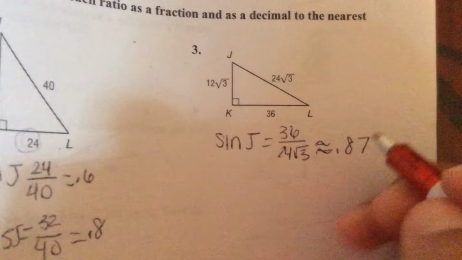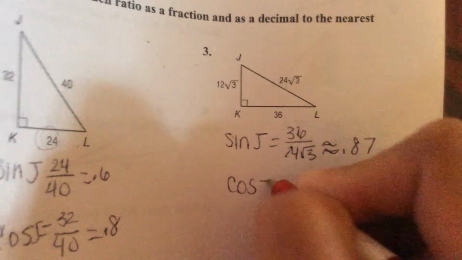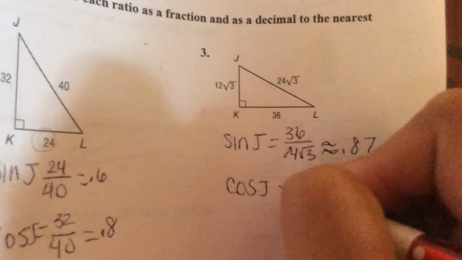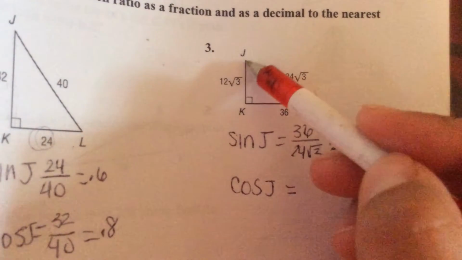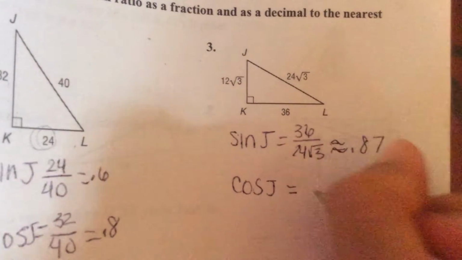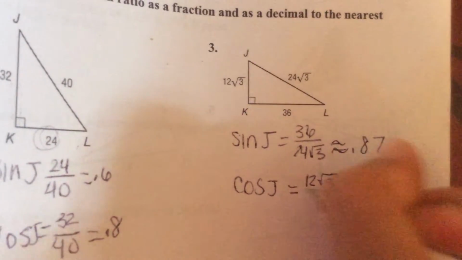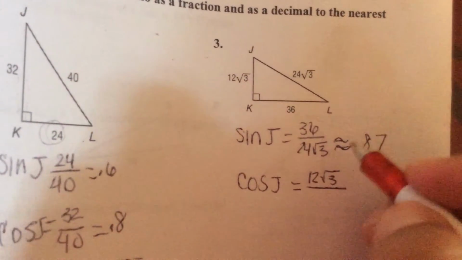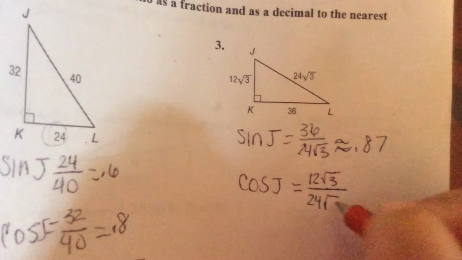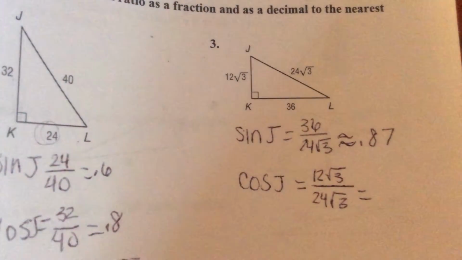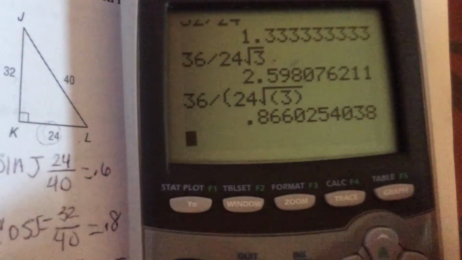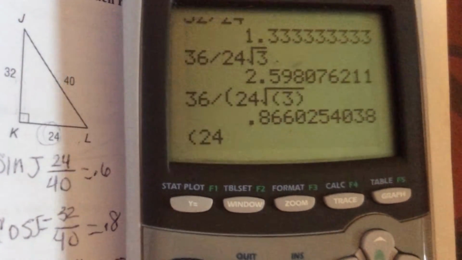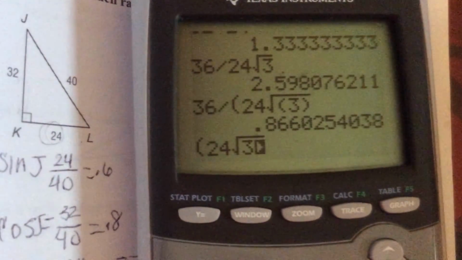Okay, the next one is the cosine of J. That's adjacent over hypotenuse. So if we look at J, the adjacent is 12 square roots of 3 over the hypotenuse, which is 24 square roots of 3.